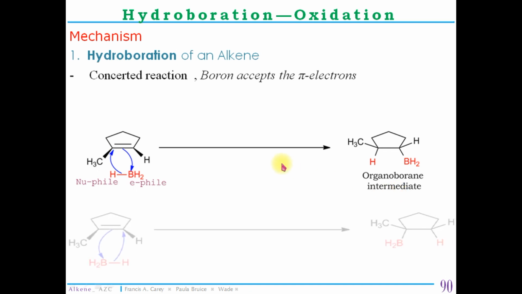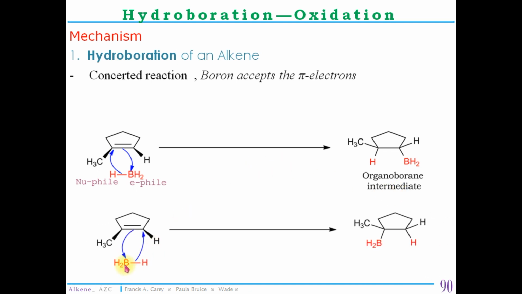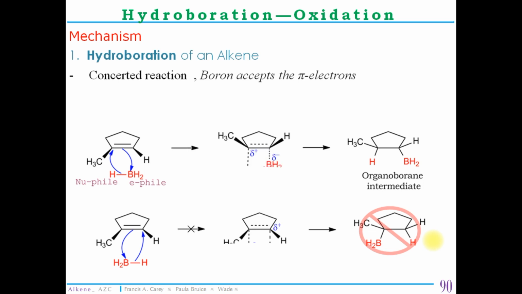Second type of possibility where boron adds to this carbon which is more substituted, we may get this kind of product. But practically this kind of product is not observed in this reaction. To see a reason, we have to check possible transition state of both chances.